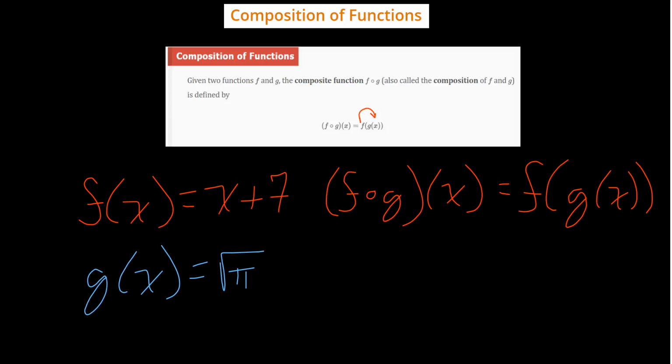So what I would do is replace the g of x here with the g of x here, which is square root of pi. Then I would put square root of pi everywhere I see an x. Similar to how we did f of 3 and f of 7, where we evaluated a function at a value, we are now evaluating a function at a function. So this is composite functions.